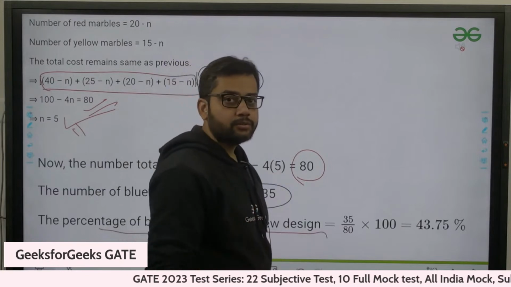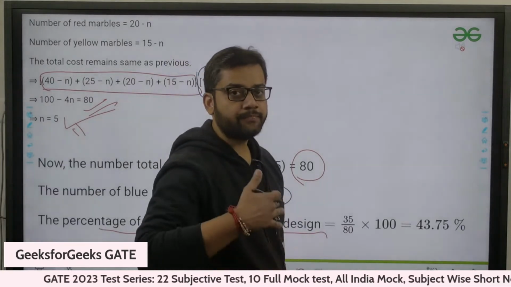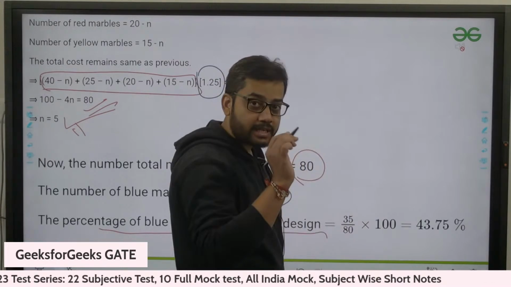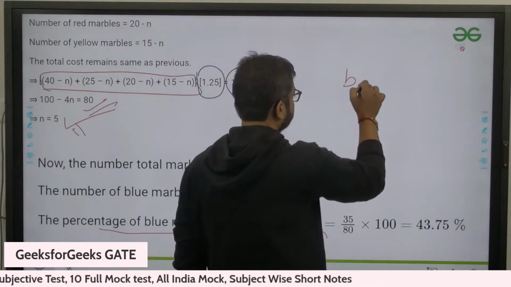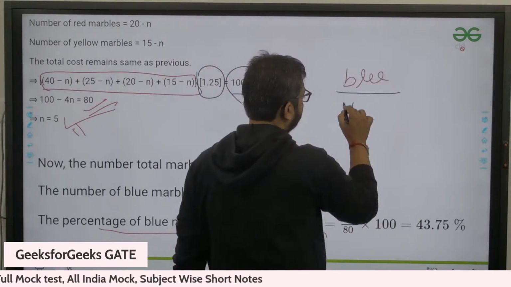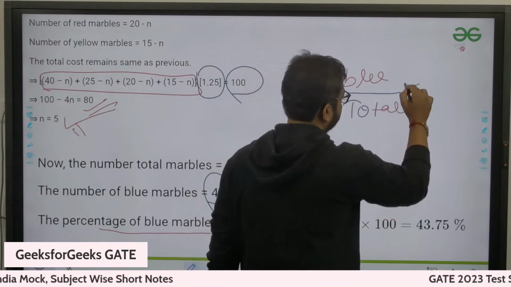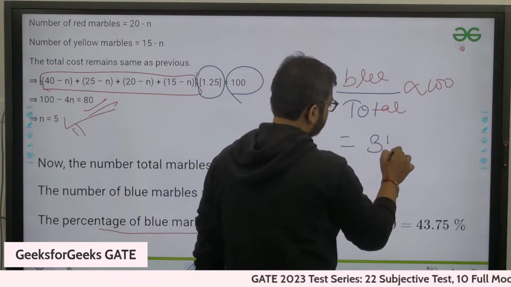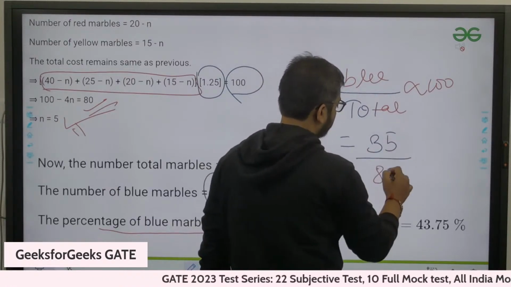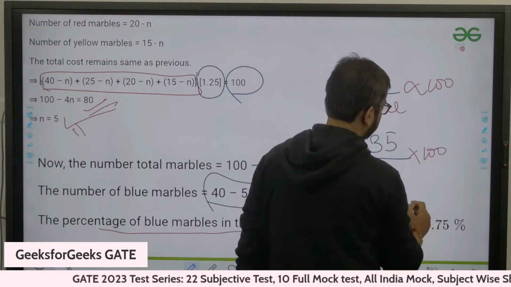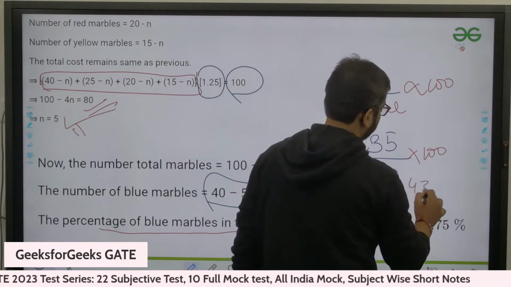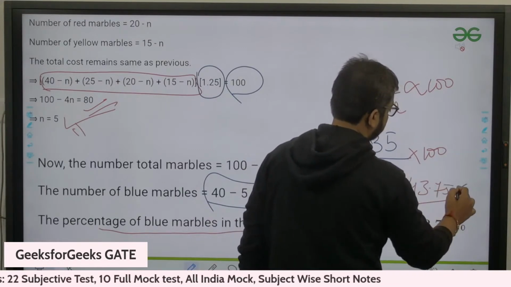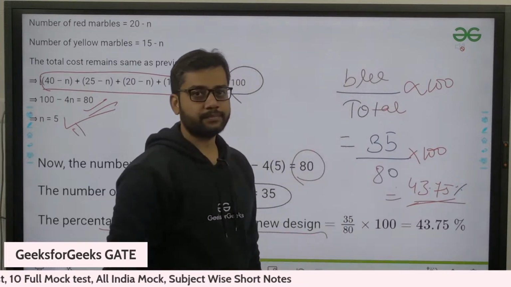In the percentage concept, always understand, we are asking for blue marble upon total into 100. Basic percentage concept. 35 divided by 80 into 100. This will give you 43.75 परसेंटेज. खत्म. ठीक है.